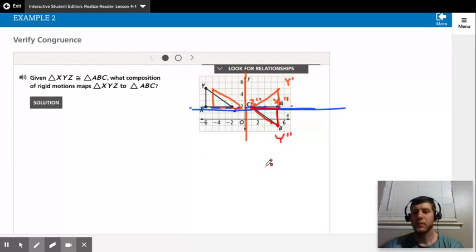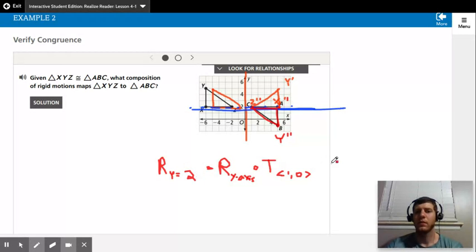Okay, so what we did here is we translated, according to the rule (1, 0), we translated one to the right. Okay. And then we reflected it over the y-axis. So we write a capital R here, and we reflected across the y-axis. And then we took that reflection and we reflected it across the line y equals 2.